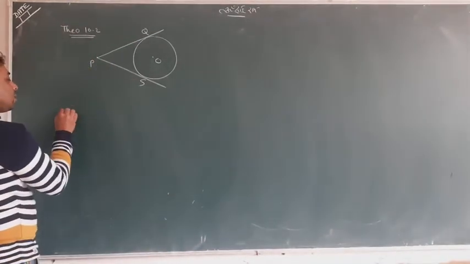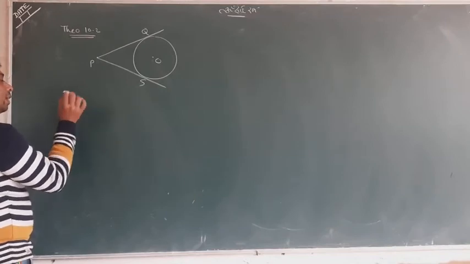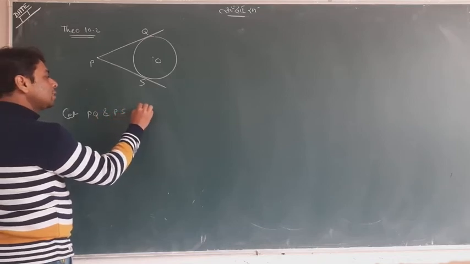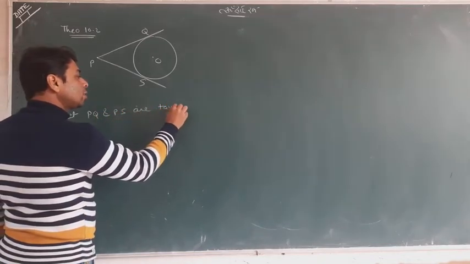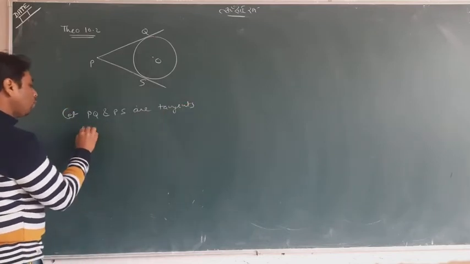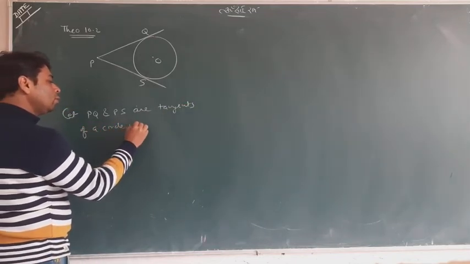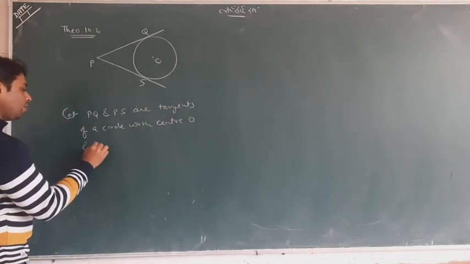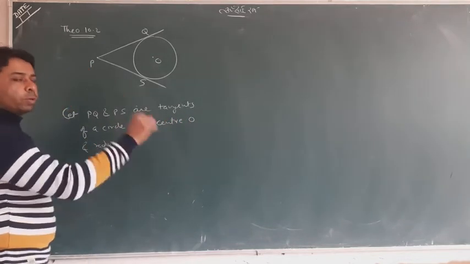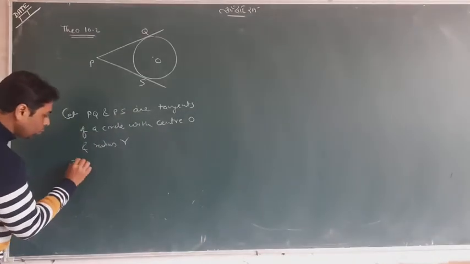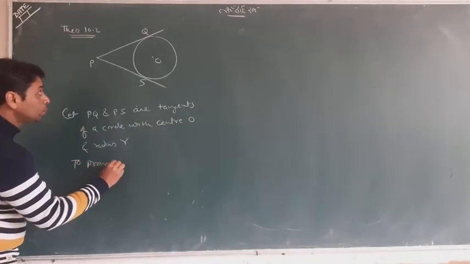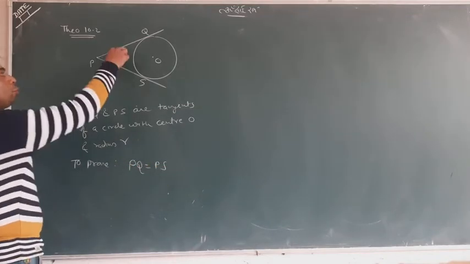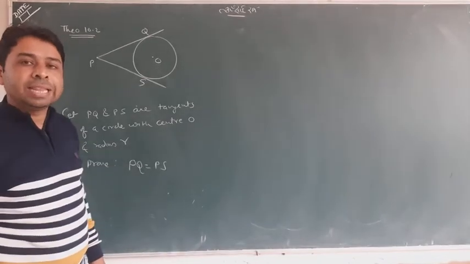So I start: let PQ and PS be tangents of a circle with center O and radius R. To prove: PQ is equal to PS. We have to show that these tangents are equal in length.